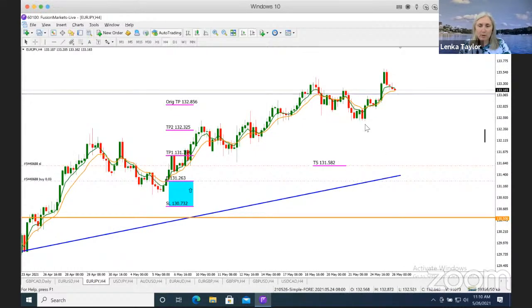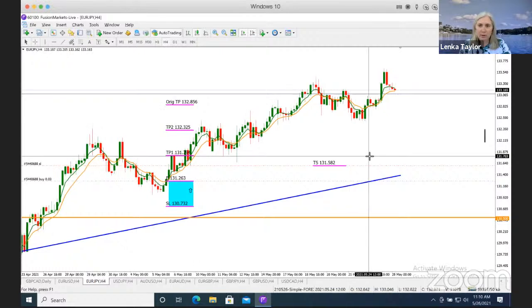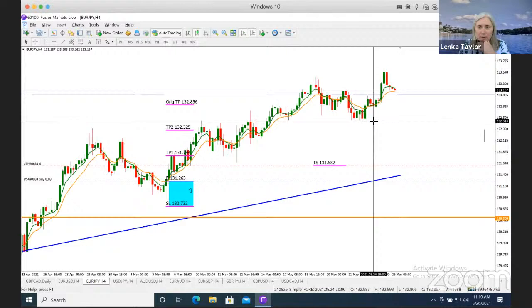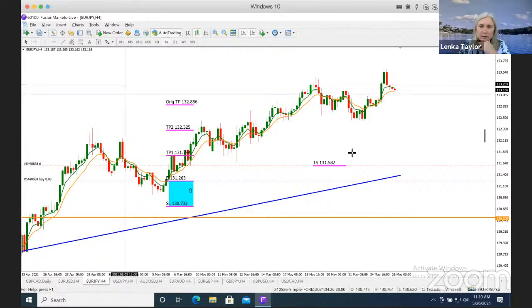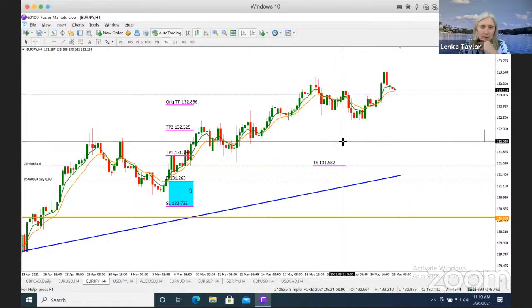This one, I'm also going to move the stop loss. Let's see, the stop loss now already a trailing stop there. So I'm going to move it somewhere a bit below that area. Maybe around here. So let's do that.